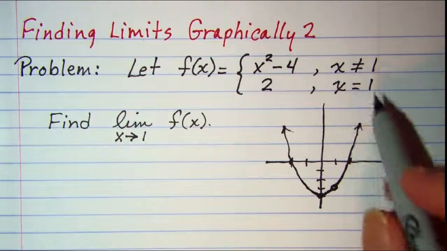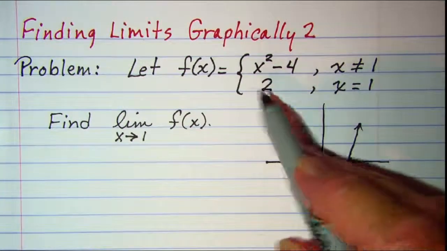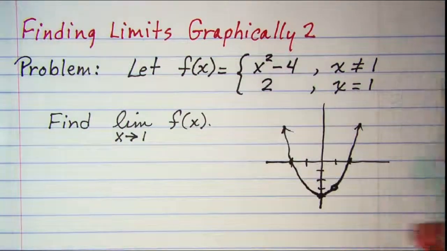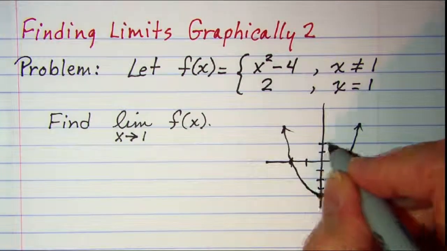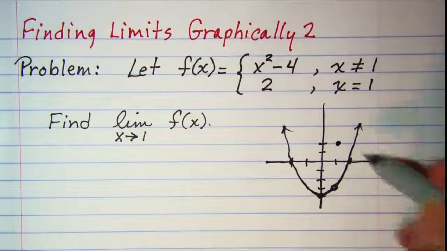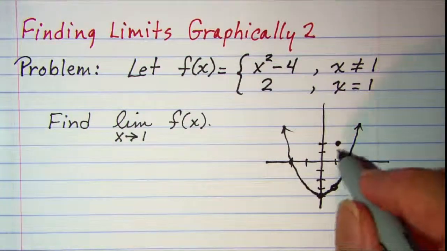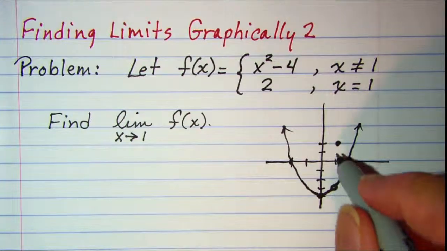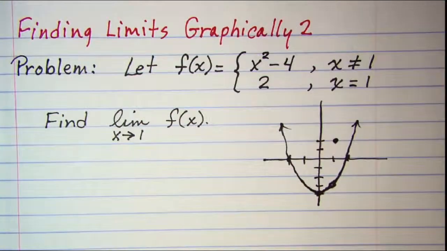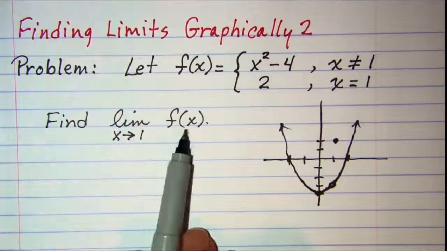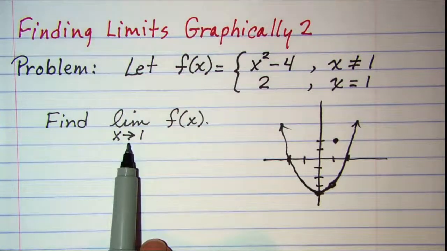And then when x is equal to 1, y is equal to 2. So this point fills in that hole. Not literally, but for x equal 1, y equal 2. Okay. So our question is, what is the limit of our function as x approaches 1?